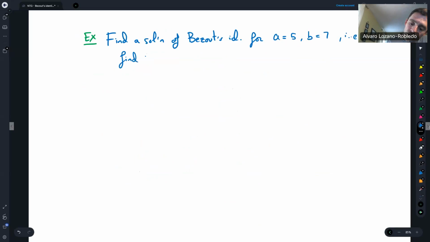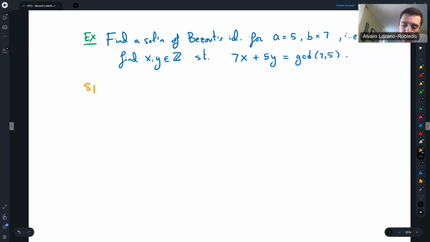Find integers X and Y such that, let me just write the bigger number first, 7X plus 5Y equals the GCD of 7 and 5. Okay, so we do this in steps. Step 1, we're going to first find the GCD of 7 and 5 using Euclid's algorithm.